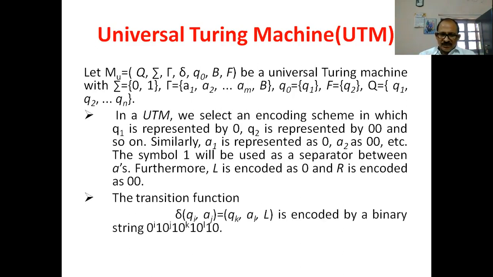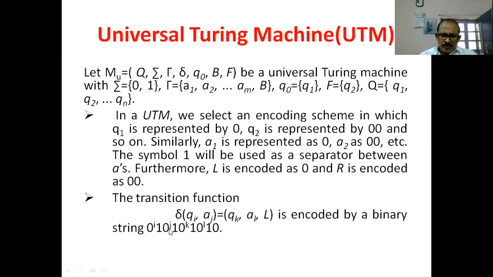Suppose the Turing machine, in a description, consists of transition functions, and we convert a transition function with the help of this encoding scheme, or you can choose any encoding scheme.